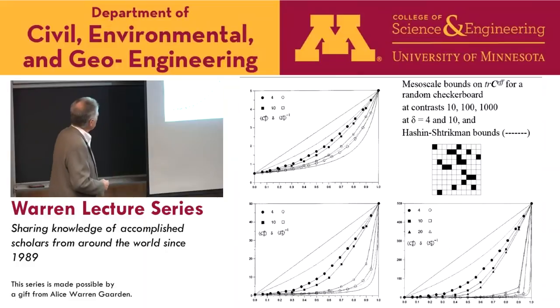And here are so-called banana plots, just a quick story. These were very popular in the 80s and 90s when people were doing effective medium theories. Here I have a random checkerboard, which we very often use because it gives an idea of how things behave. And here is the Voigt bound, linear. Here's the Reuss bound, the harmonic mean, right?